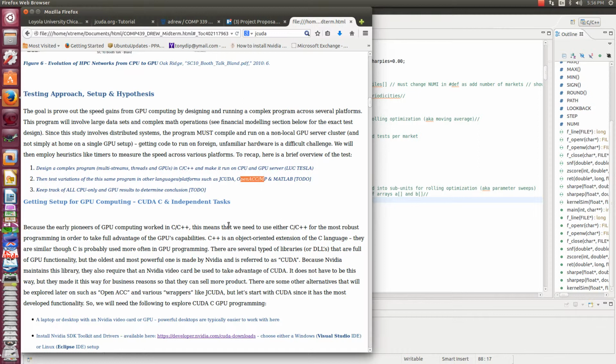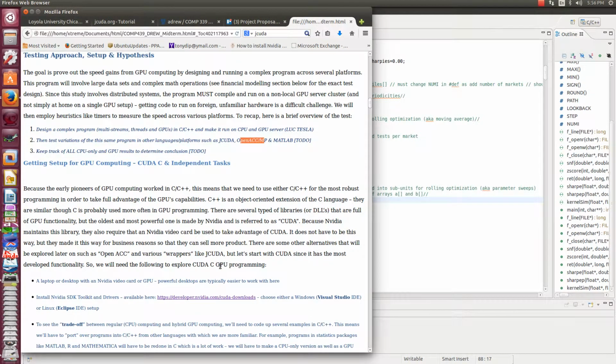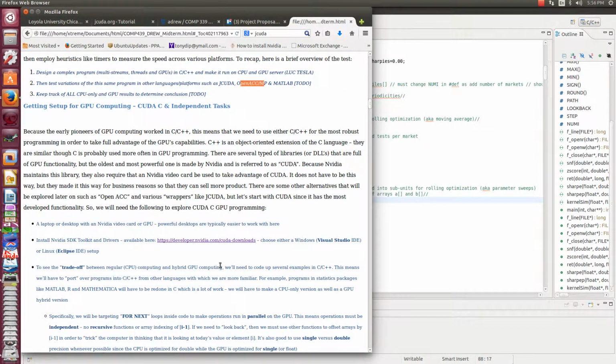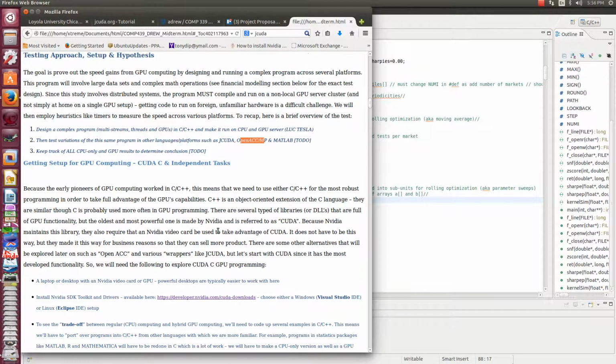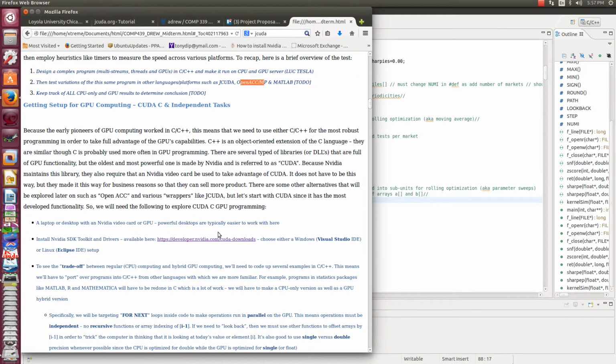We're going to heuristically track all the time these things take, and we want to prove to ourselves that the GPU greatly speeds things up, maybe 10, 20 or 30 times, so 300% to 3,000%. It helps a lot.